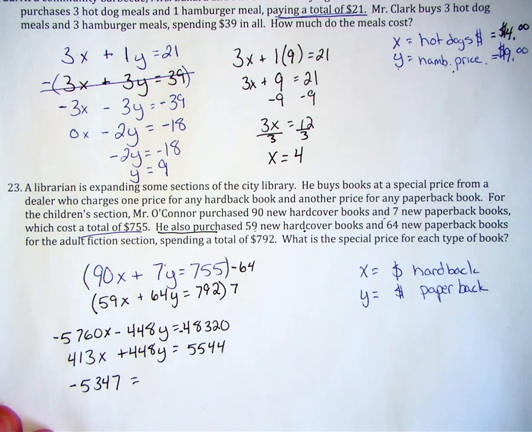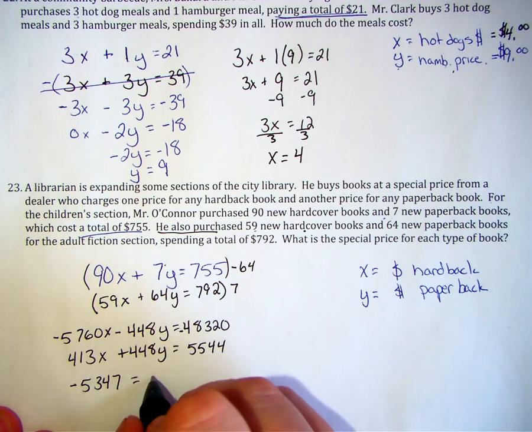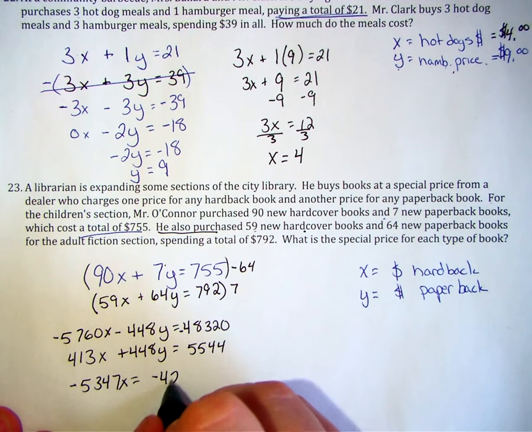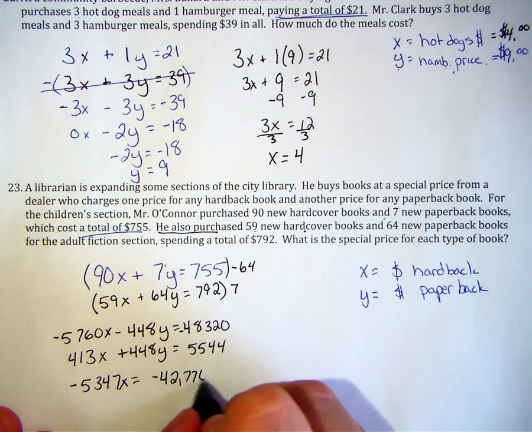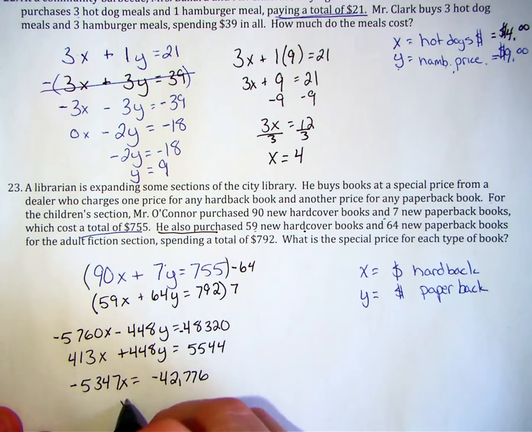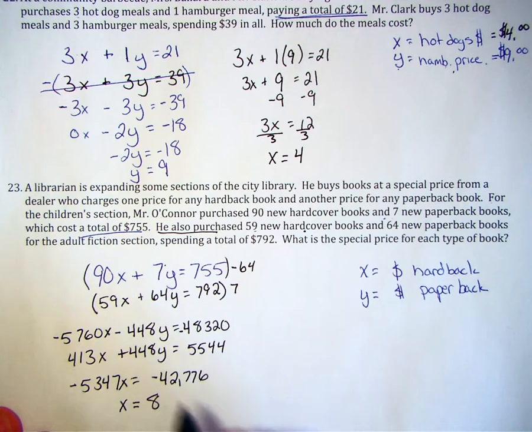So we have negative 48,320 plus 5,544 gives me negative 42,776. We will divide that by negative 5,347 and get an x value that is equal to 8.